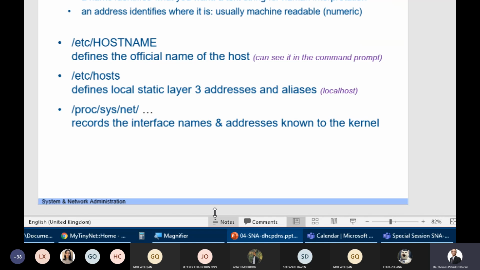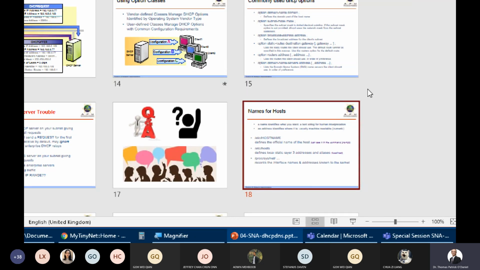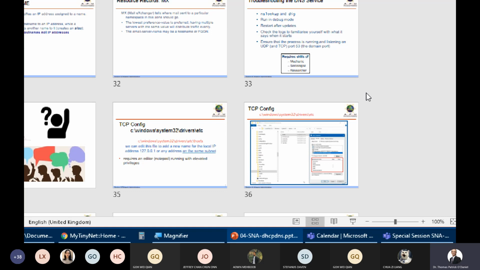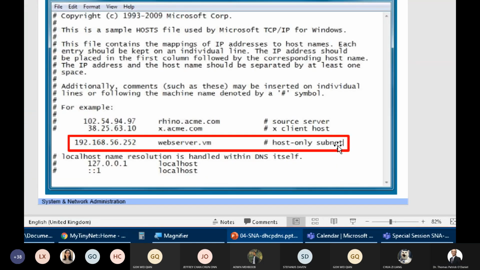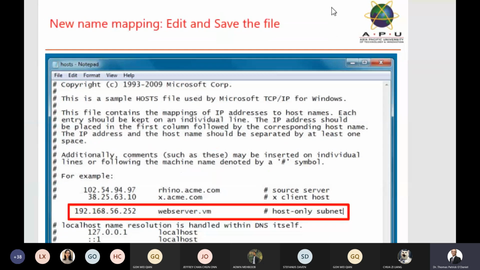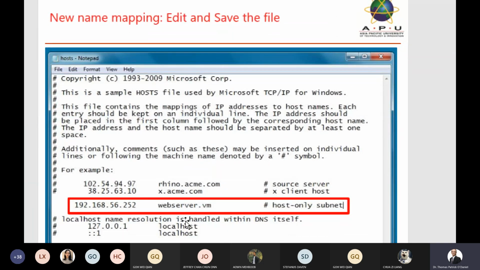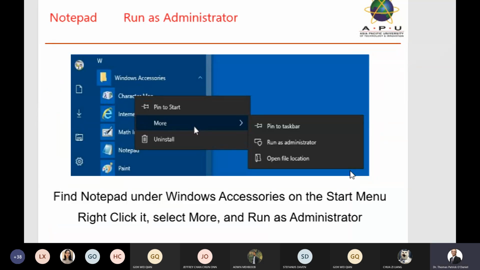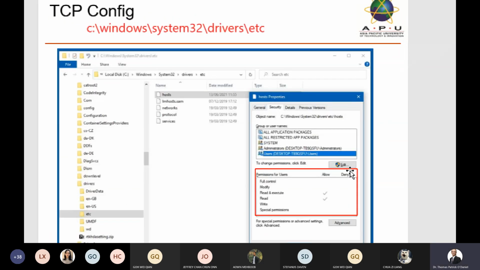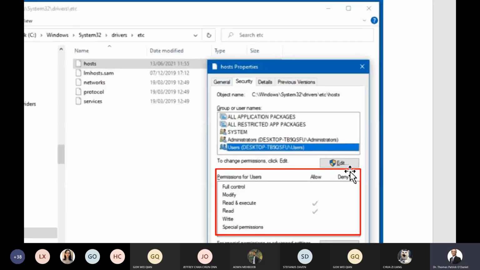And, man, etc hosts, sorry, let me just jump back here one more time, because I'm a little disorganized here, all right? But there's a hosts file on Windows as well that uses the exact same format, so that we can actually do this. All right, sorry, let me just back up here. Here we go.